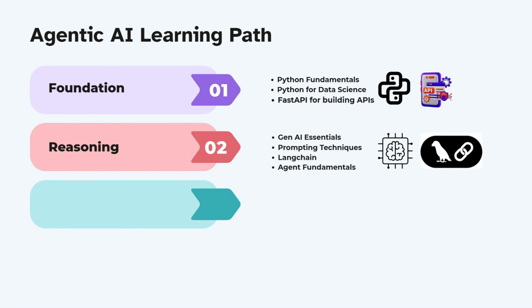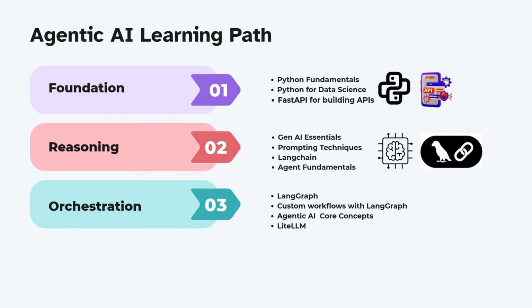The third level is all about orchestration. In this level we are going to learn the LangGraph framework and custom workflows with LangGraph, including time travel, persistence, and state management.